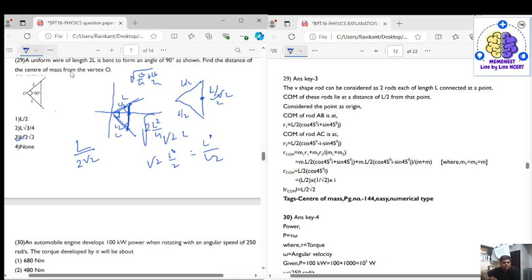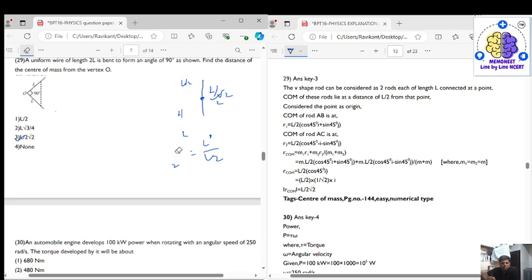See like this. So if this is the coordinate system, x-axis, this is the rod, mass is at this point.